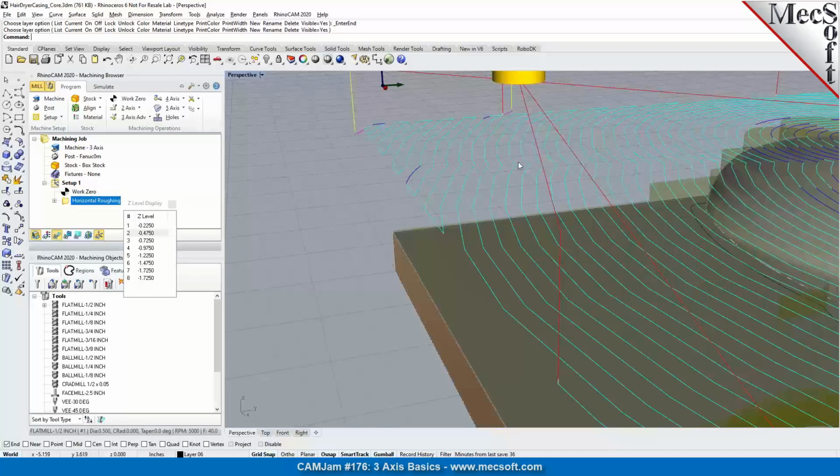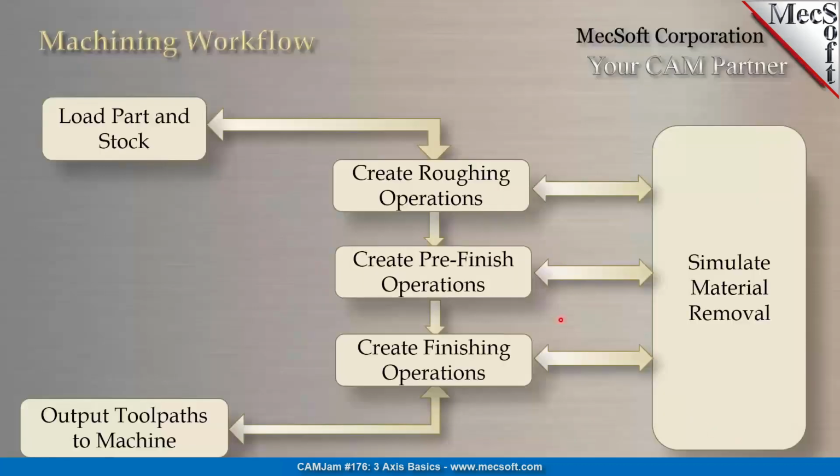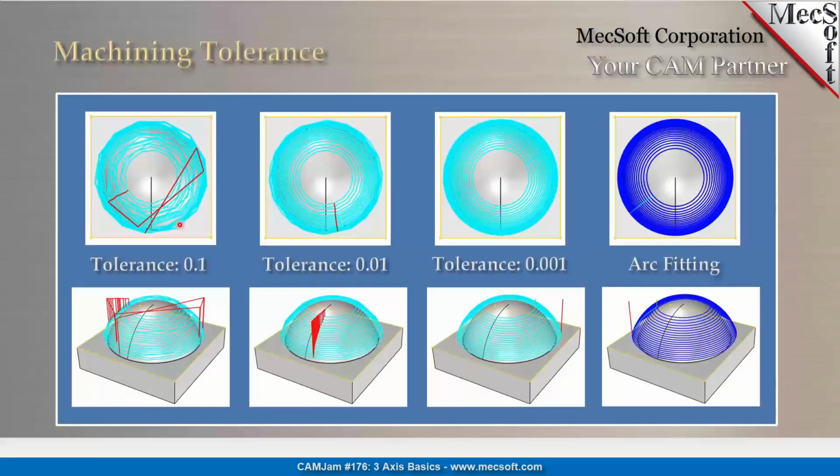Now to illustrate this, I'm going to go ahead and switch back to our slide in here. And you can see the effect of machining tolerance. So a tolerance of 0.1 versus 0.01 and a tau.